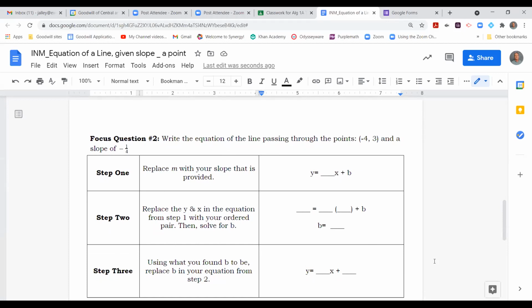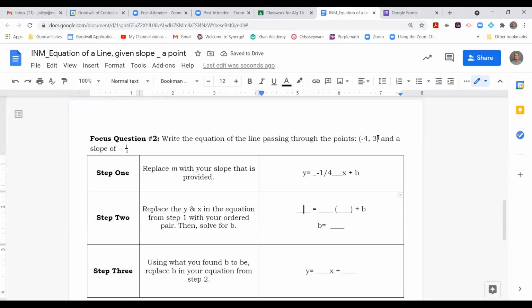Using that slope-intercept equation with this point, -4, comma 3, and a slope of -1/4. All right, we have a winner. We got the Y-intercept of 2 because we put the slope here where m goes.